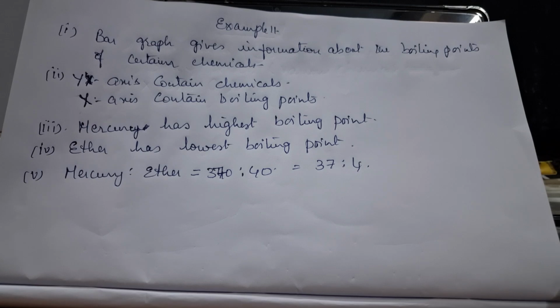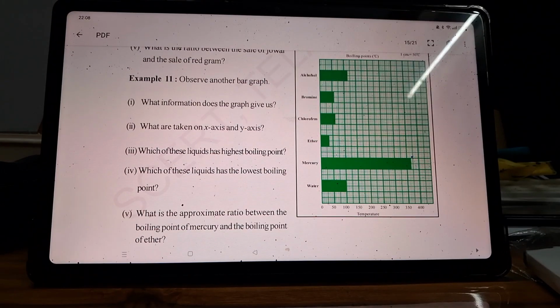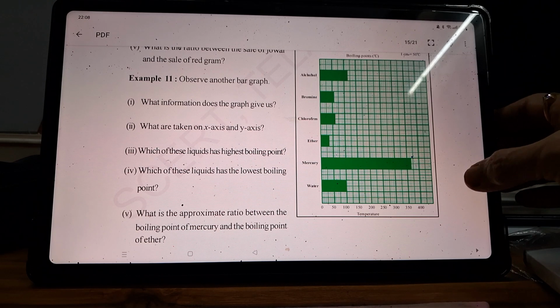Mercury has the highest boiling point, ether has the lowest boiling point, and the ratio mercury is to ether is approximately 370 is to 40, that is 37 is to 4. This is about this answer, children. Please take it into consideration. I hope I am clear to you, children.